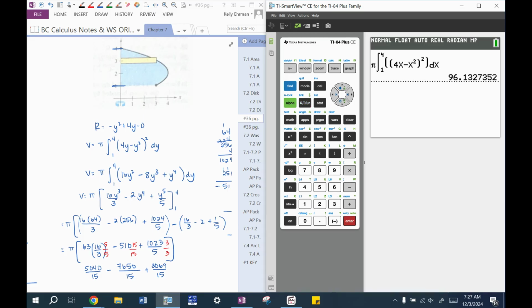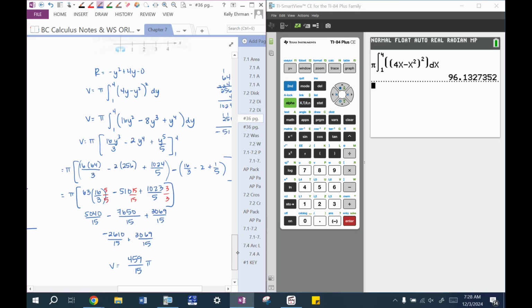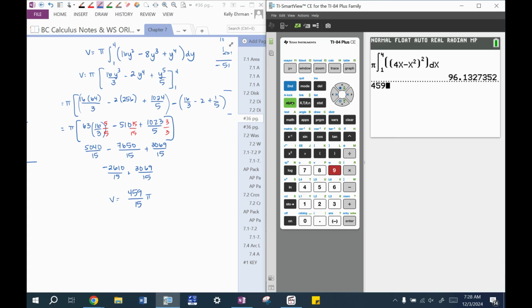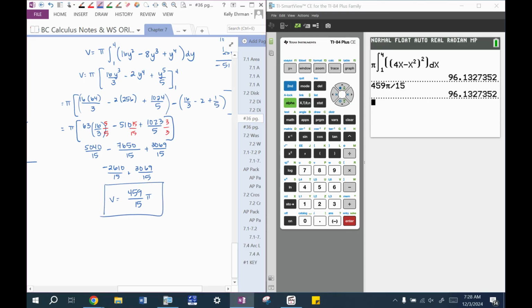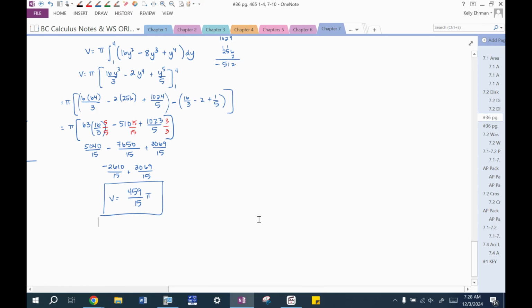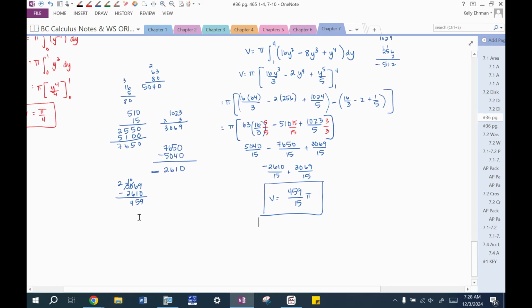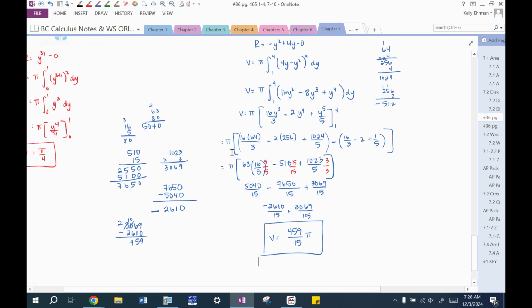That's that answer. My answer, what was my answer? 459 pi over 15. We cross our fingers. Hey, okay, so this is the right answer. I'll have to fix the first time I did it, I must not have checked my answer there. Okay, so that was a bunch of fun brain exercise.